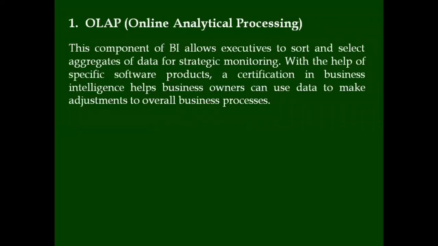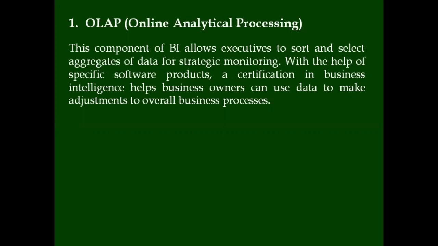The first one is OLAP, that is online analytical processing. This component of business intelligence allows executives to sort and select aggregates of data for strategic monitoring with the help of specific software, products, and certification. In business intelligence, business owners can use data to make adjustments to the overall business process.